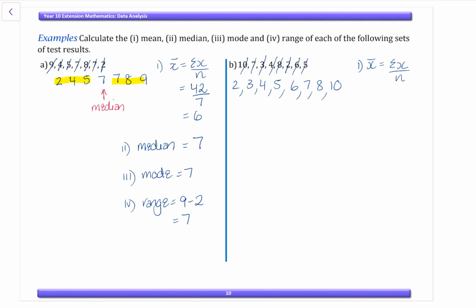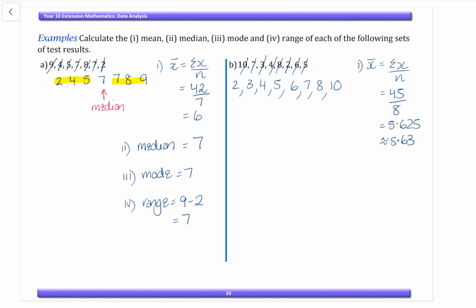Go into our calculator. 2 plus 3 plus 4 plus 5 plus 6 plus 7 plus 8 plus 10 is 45. And there are 1, 2, 3, 4, 5, 6, 7, 8 scores. So 45 divided by 8 is 5.625. If we were rounding to 2 decimal places, it'd be 5.63.